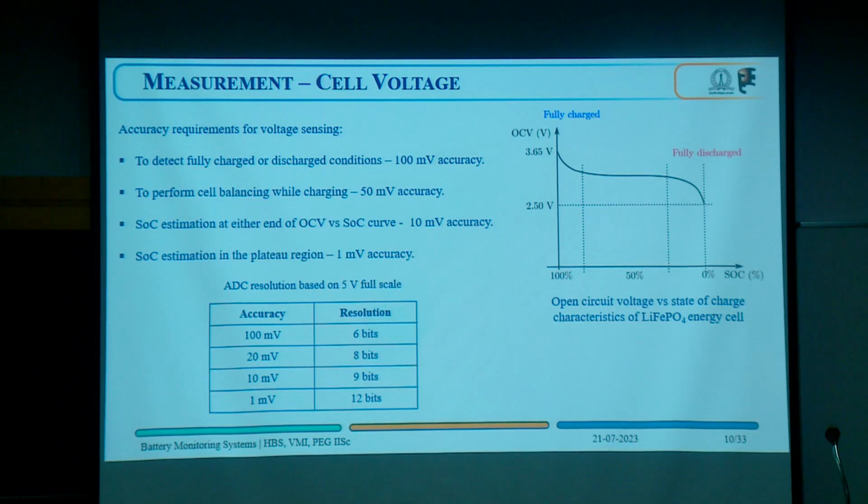Let us say I have 5 cells. Previously I showed the representative figure where I am measuring the voltages of each cell. So I have a sensor everywhere. I am using 5 sensors and 5 analog to digital converters.